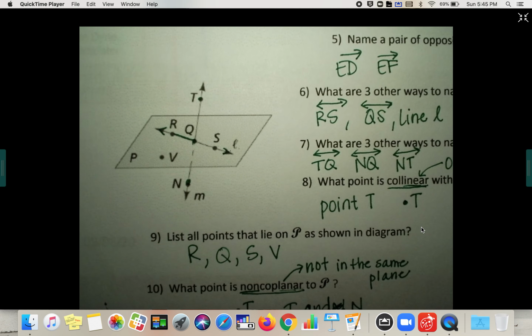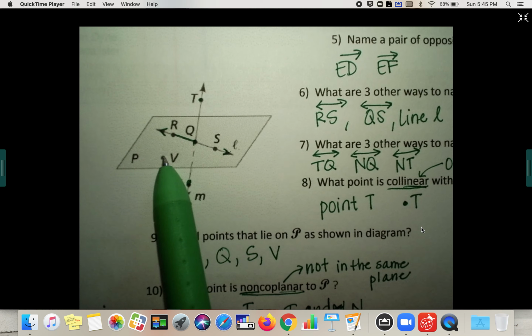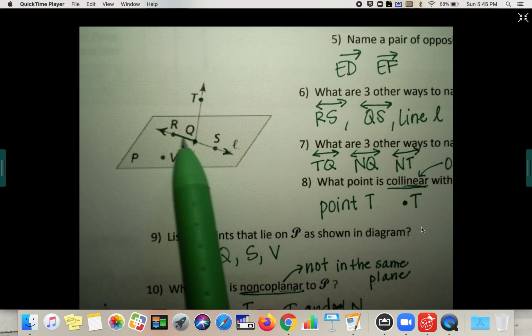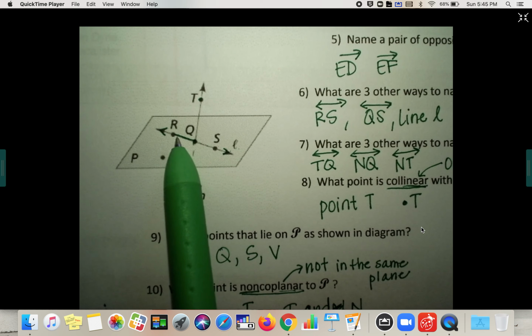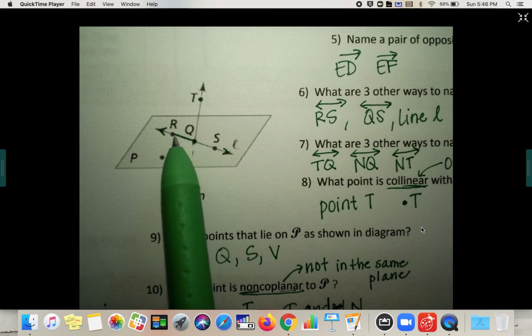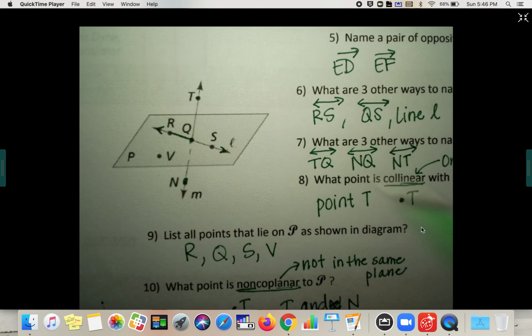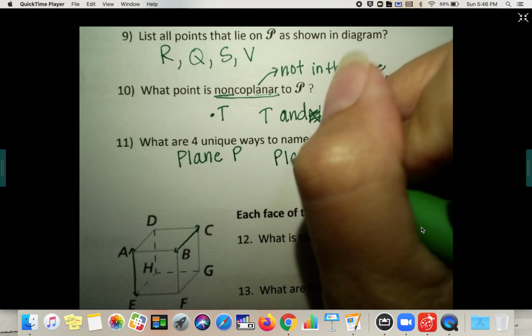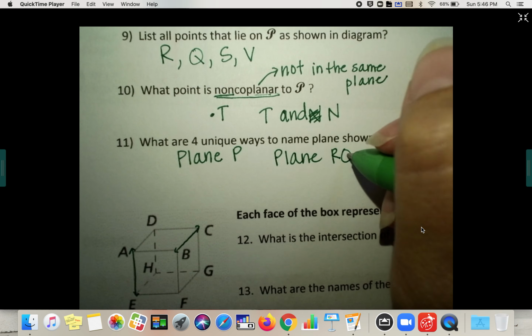So let's go look. You could name it R, V, and Q. R and Q are on the same line, but V is not. It's okay for 2 points to be on the same line, as long as all 3 aren't. So I'm going to call it plane RQV.